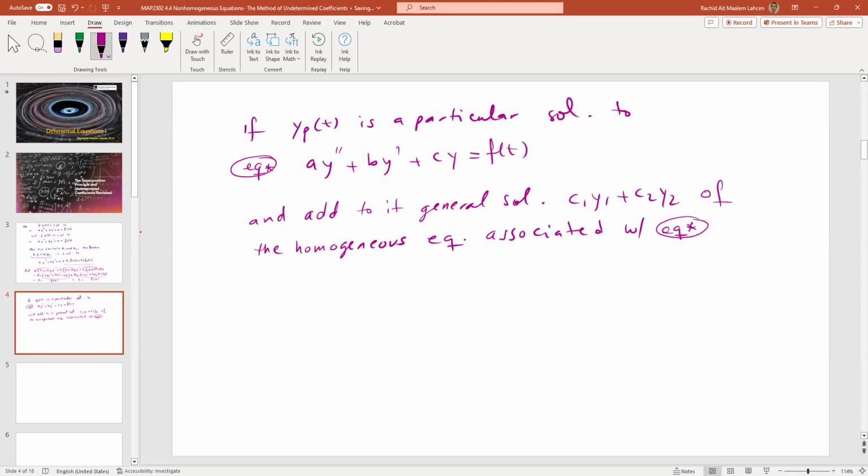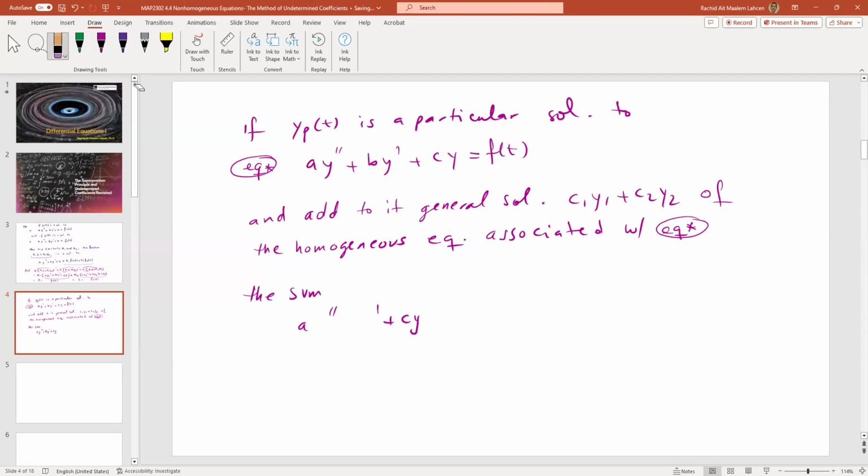So if you have this equation star, this linear second order non-homogeneous equation, and you look into its homogeneous form and find its general solution, and you add that general solution to the particular solution, then the sum, based on the superposition principle, gives us the general solution.